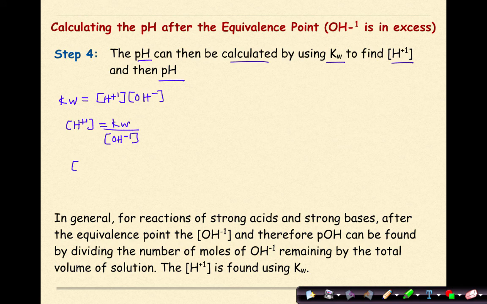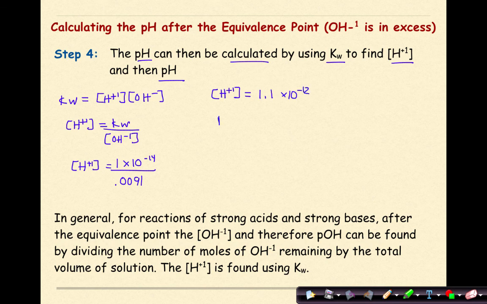Kw we know is 1 times 10 to the negative 14. Our hydroxide ion concentration that we calculated back in step 3 is 0.0091.